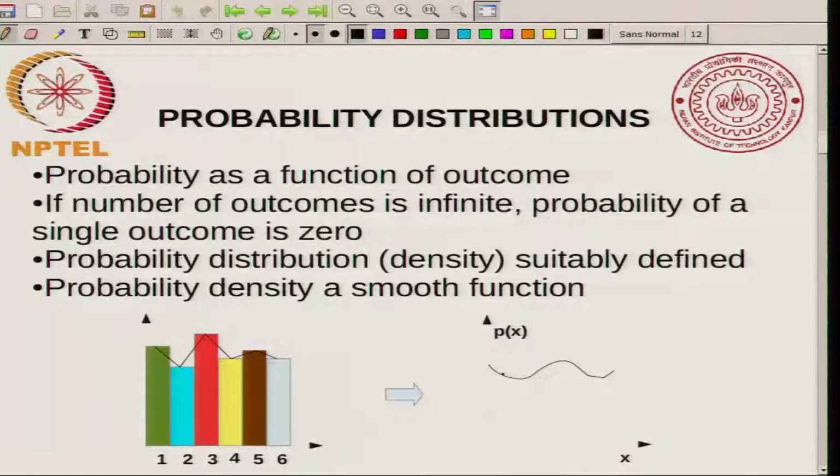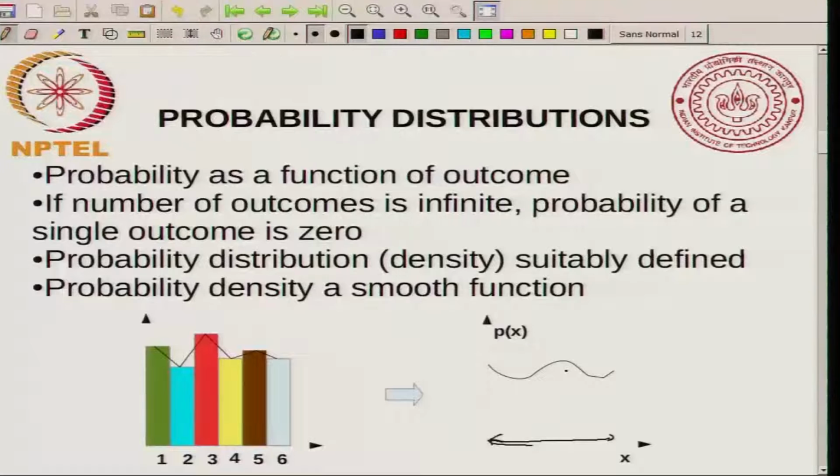I will come to explain what this probability function is. This probability function is in fact a probability distribution or a density, and it is suitably defined, and this is a smooth function. It is a function of x, because x can take any value from here to here, and for all of these you have this probability defined this way.